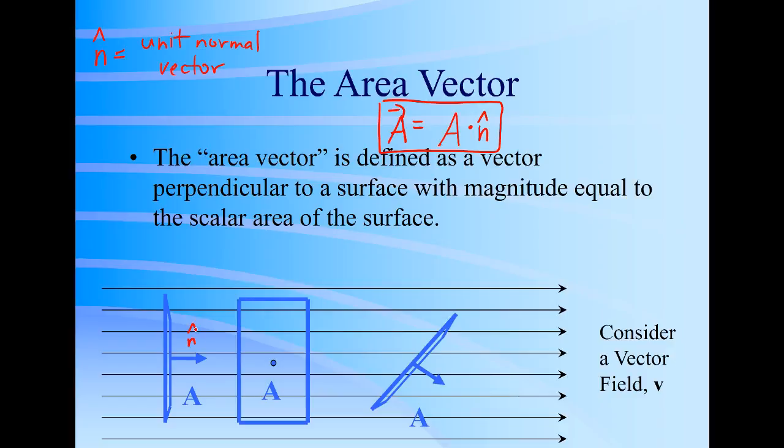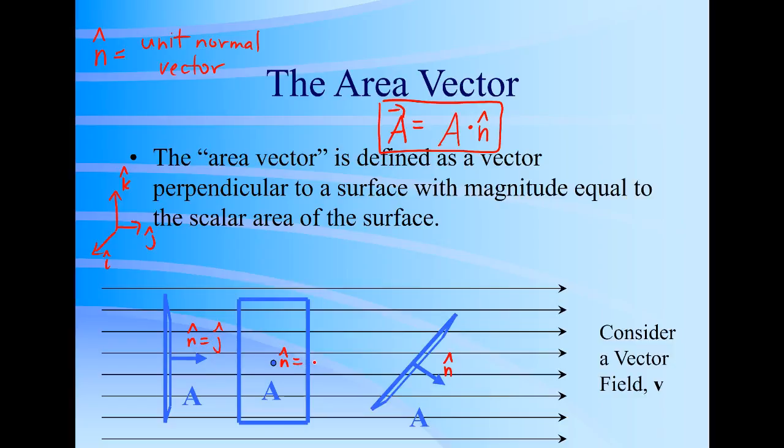So this would be n hat, this would be n hat, and this would be n hat. And those are all different numbers. In the first example, n hat here could be i hat. Or maybe it's a j hat if we have a three-dimensional system like this. That's going to be i, j, and k. So maybe this one is actually just j hat.